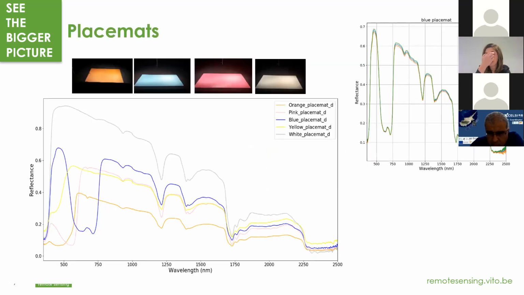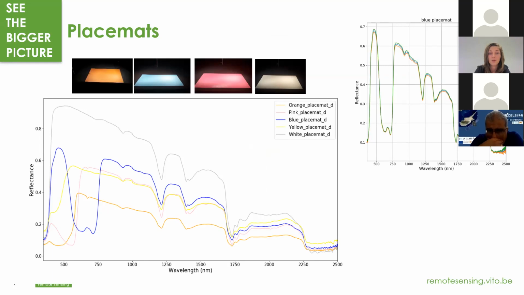We measured all these samples with an ASD spectrometer in the tank. An ASD spectrometer is a point spectrometer, and it measures the spectral reflectance from 350 until 2,500 nanometers.